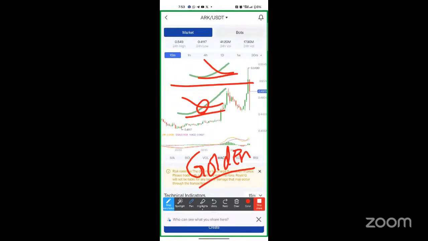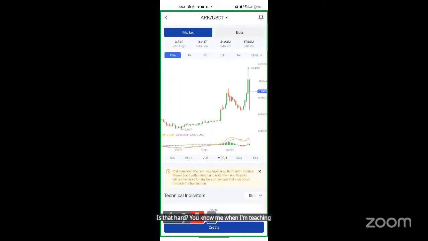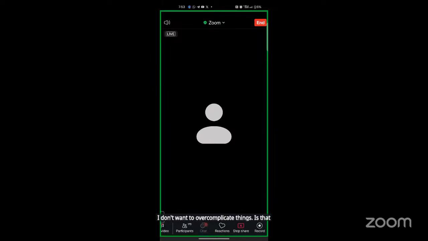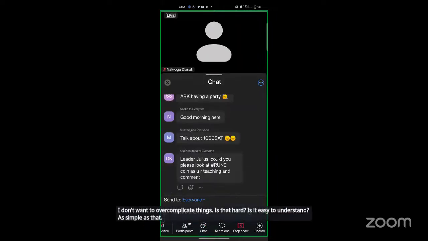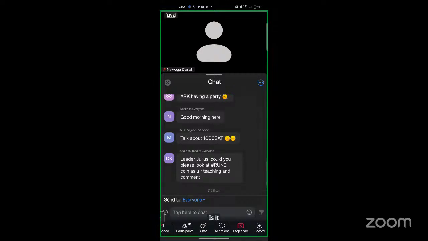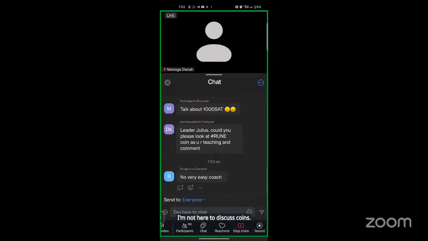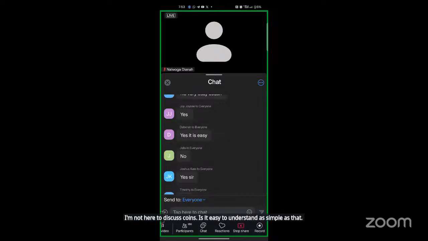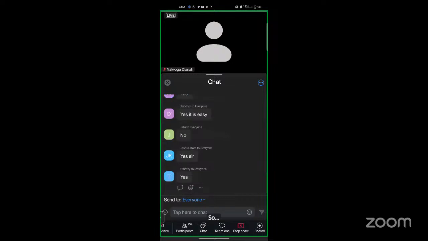Is that hard? You know me, when I'm teaching, I just want to simplify my lesson. I don't want to overcomplicate things. Is it easy to understand? I'm not here to discuss coins. So when the crossover happens, the market, in most cases, does well.